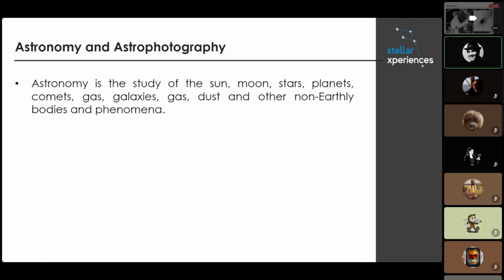Yes, let's start. Astronomy and astrophotography. Astronomy is the science of the sun, moon, stars, planets, or in other words, the universe, how things happen in the universe, and it tries to build universal laws of astrophysics.